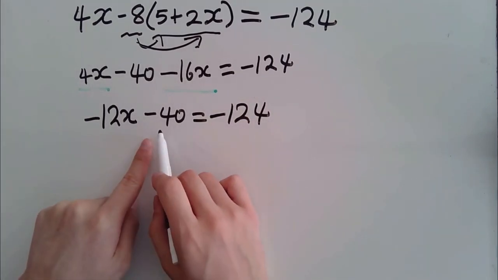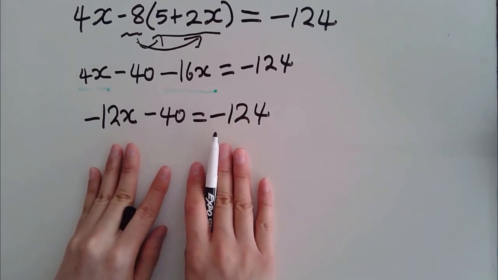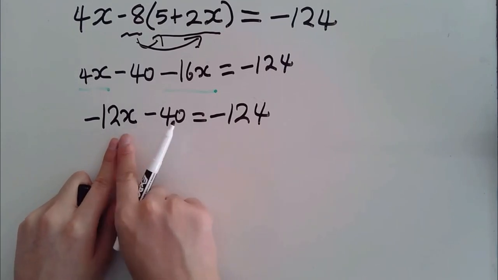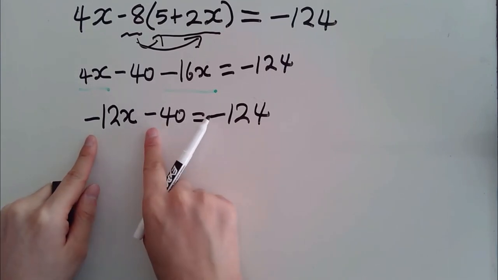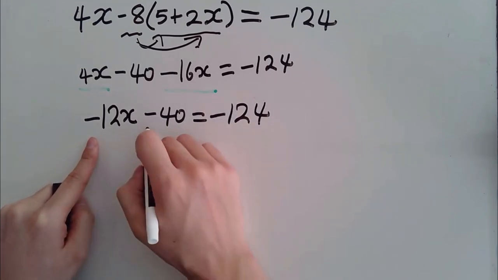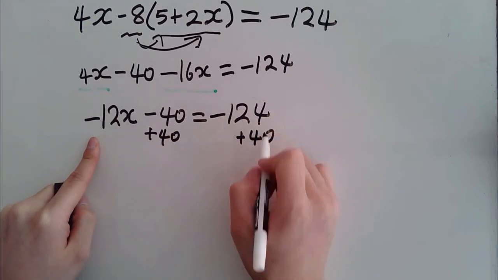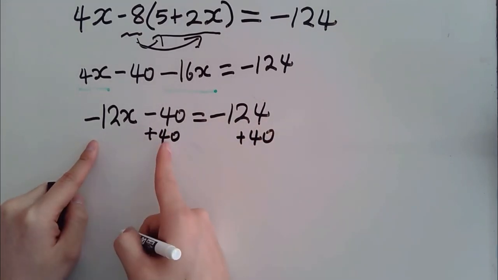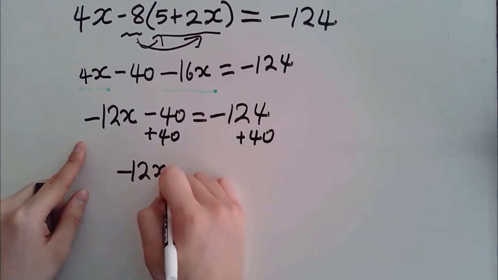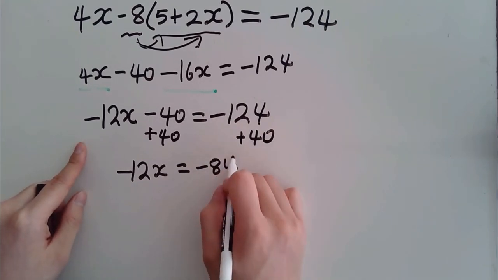Now this looks like a lot more simple two-step equation that we have practiced. So again, we need to isolate the variable by getting rid of this negative 40. We get rid of that negative 40 by adding 40 to both sides. Then the negative 40s get cancelled out, and on the left side I'm left with negative 12x, and on the right side I have negative 84.